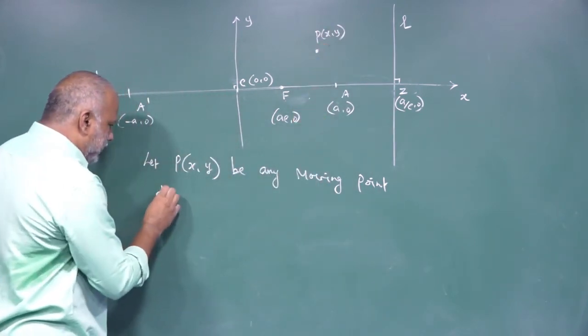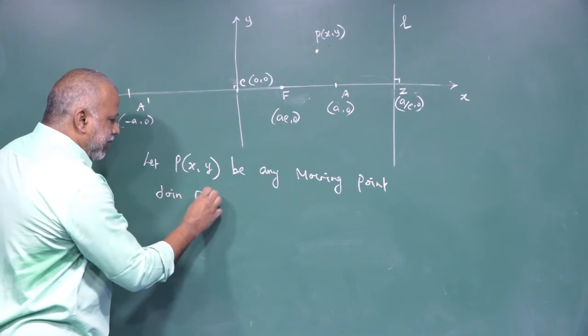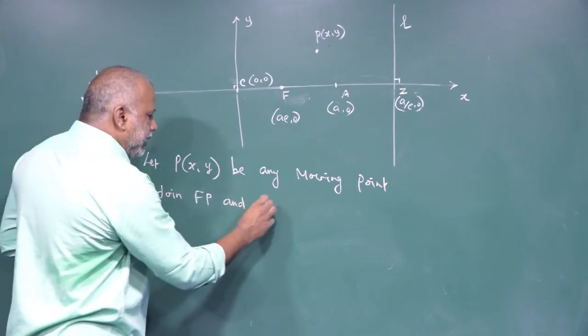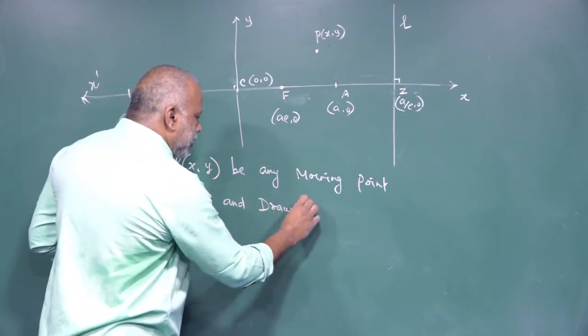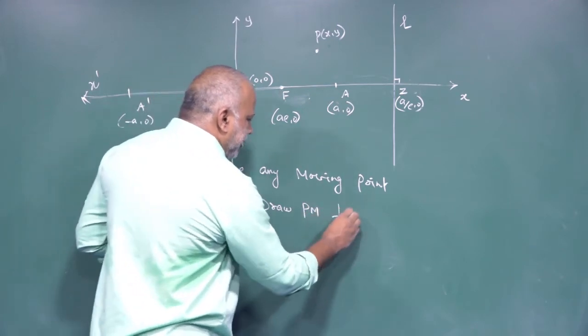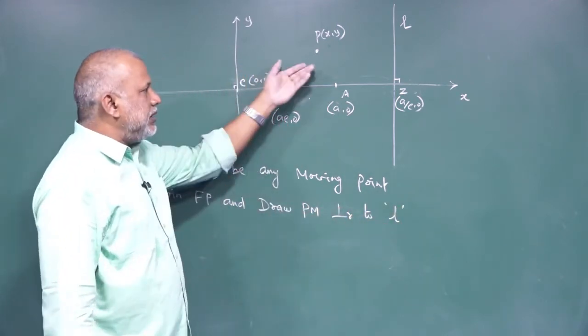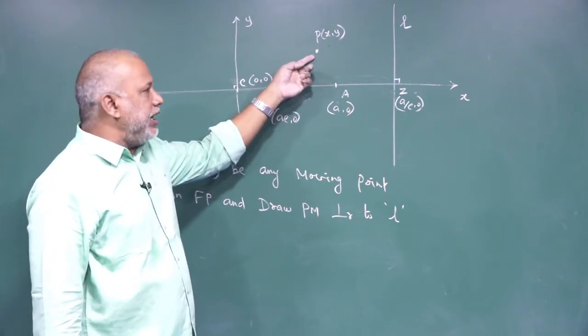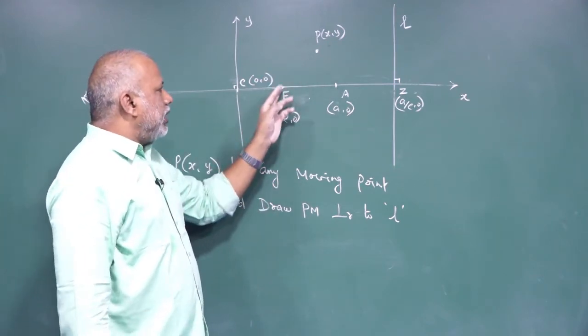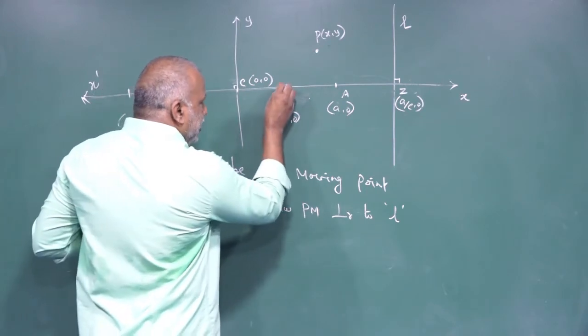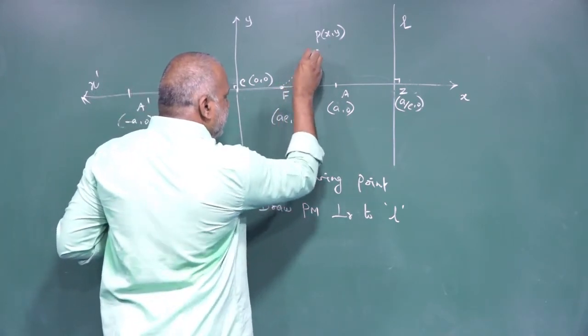Now join FP and draw PM perpendicular to the directrix L. Let P of x comma y be any point. Now join FP. See, I have to join this FP.